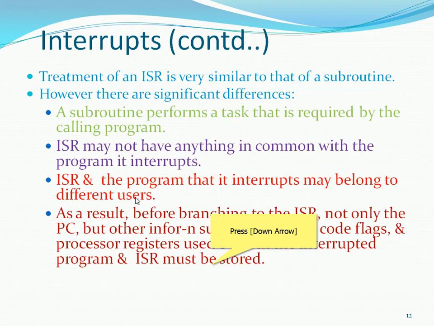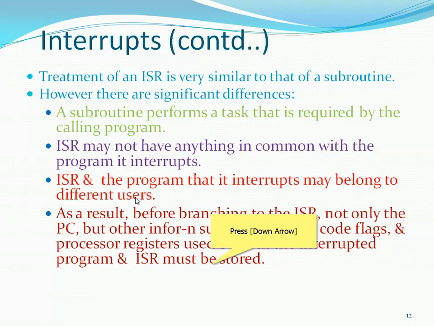As a result, before branching to the ISR, not only the PC but other information like condition codes, flags, and processor registers, all the essential information that will be required after coming back from serving the subroutine to the main program, will be placed safely in the processor status.